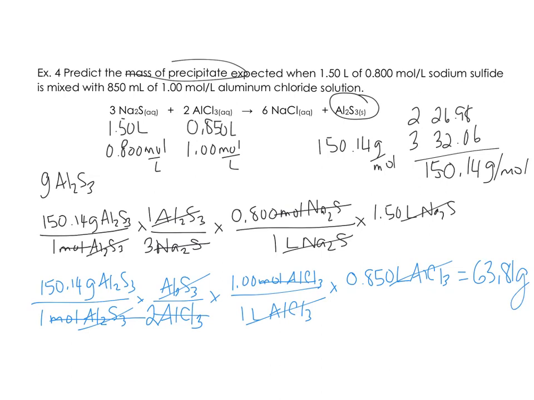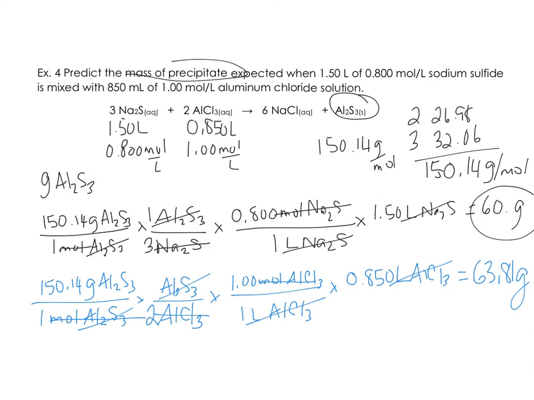whereas the top one, so 150.14 times 0.8 times 1.5 divided by 3 is 60. So 60 grams is lower than 63.81.